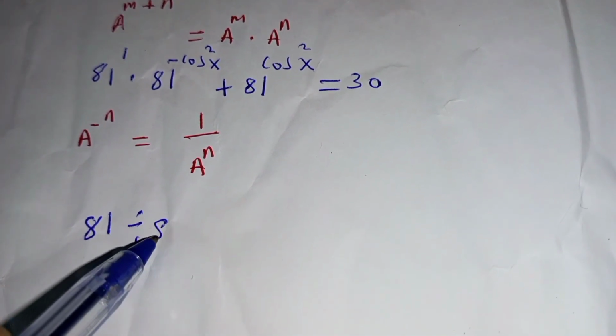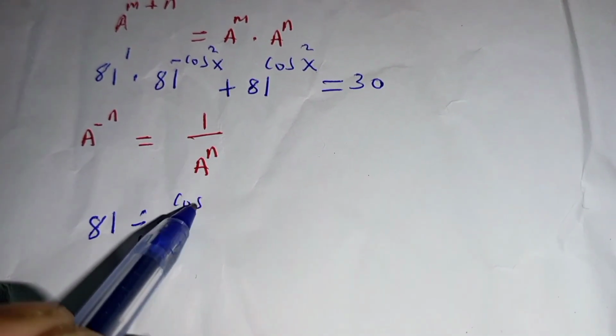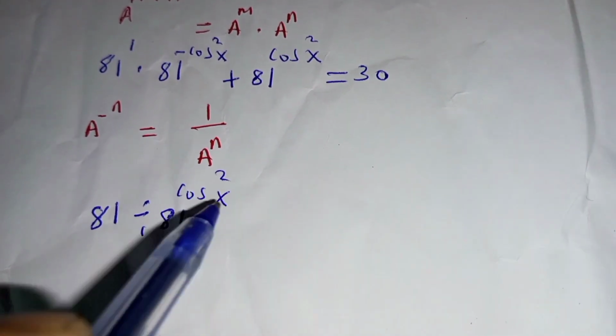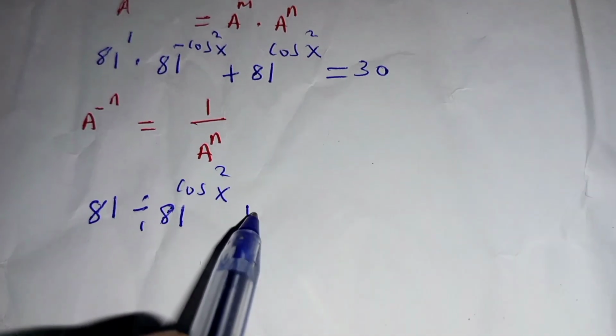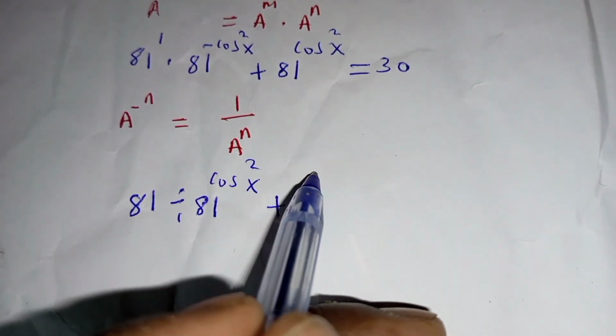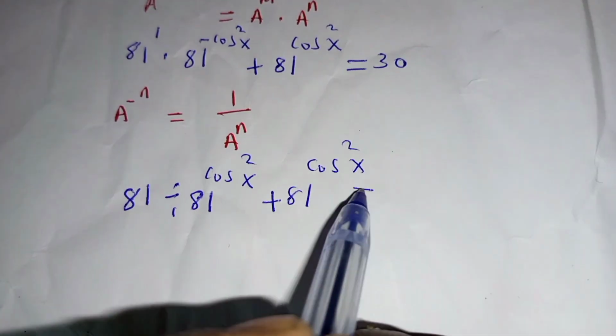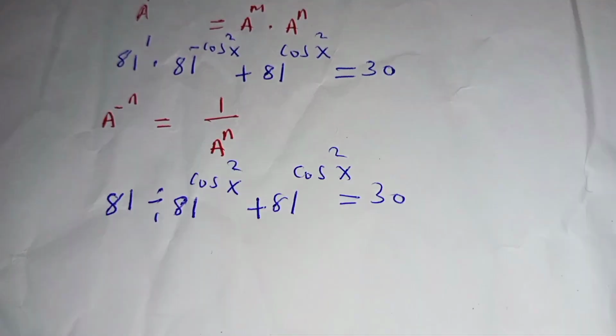When you divide, it will become now item 1 power cos squared of x plus item 1 to the power of cos squared x being equal to that.